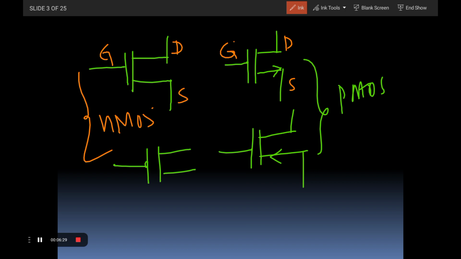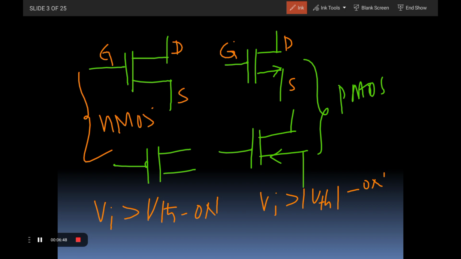One important point to note here is that the nMOS transistor is on for positive voltage. That means whenever the input voltage Vi is greater than VTH, it is in the on condition. Here also, the input voltage is greater than VTH, so it is on. In this case the applied voltage is a positive voltage.